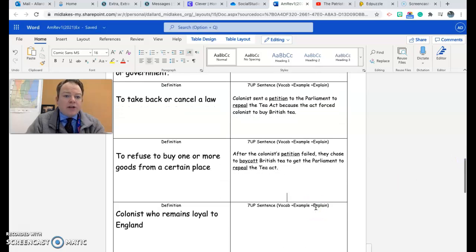It's not mentioning that they're refusing to buy. Well, you look at what you're showing me. You're showing me you would boycott a good, right, to get something to happen, and that's a major part of boycott. If you wanted to add something, right, they chose to boycott British tea to get Parliament to repeal the Stamp Act, because they weren't buying tea or something like that, that's fine, but I don't think you have to do that here.